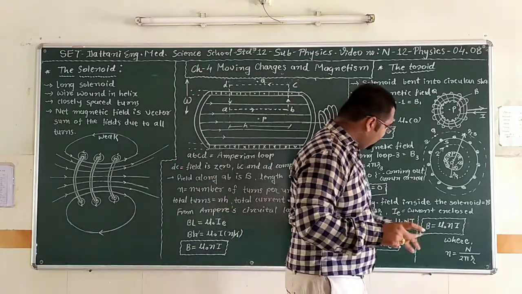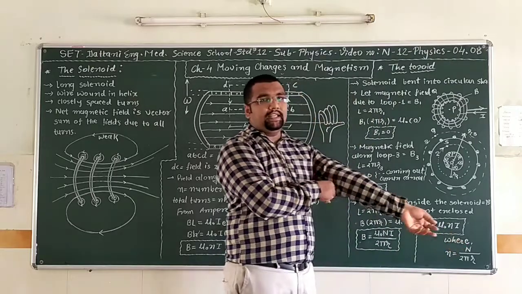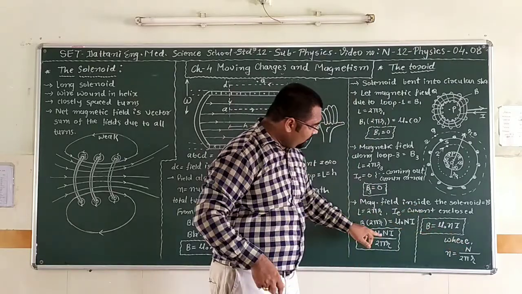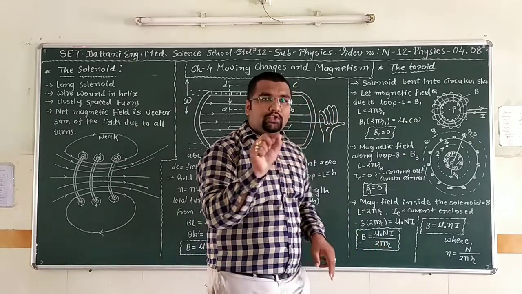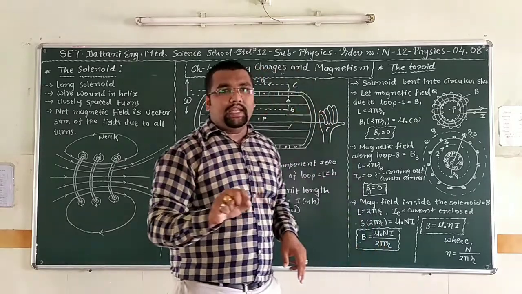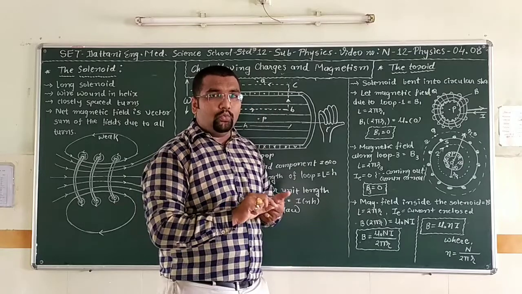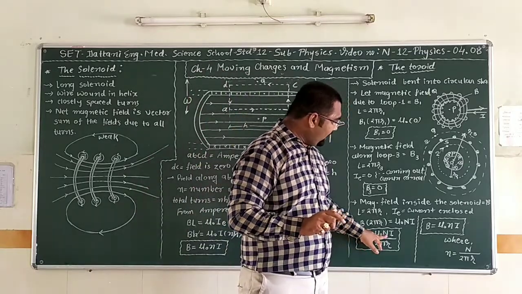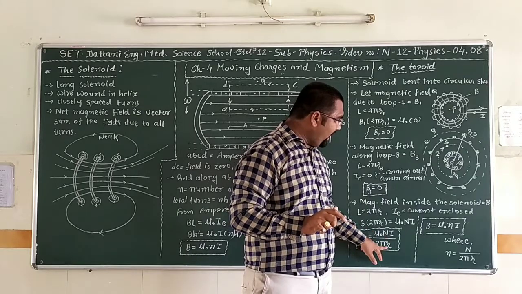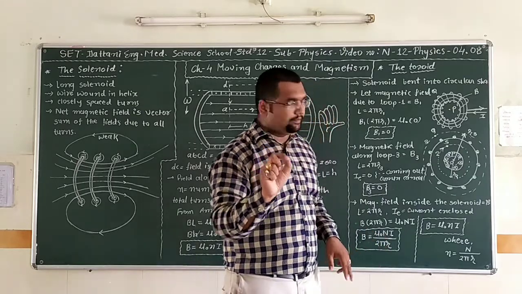If we change something in this formula, we can take N upon 2 pi R, where N is the total number of turns and 2 pi R is the total length of that loop. If we take the ratio N upon 2 pi R, that will be small n.